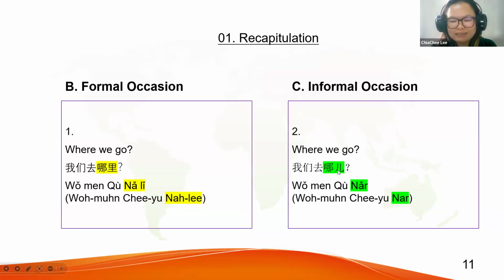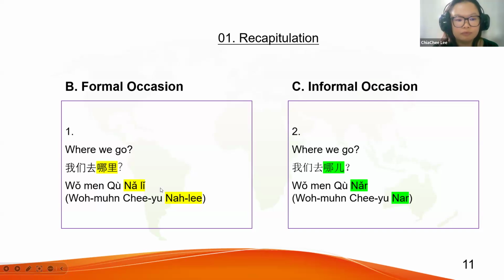But this pinyin is combined together, so 我们去哪儿? So it's called 儿化韵 in Mandarin. They have their system. When this is put together, you can say 一会儿. For example, this is called 儿化韵.